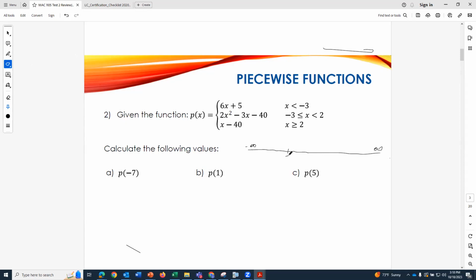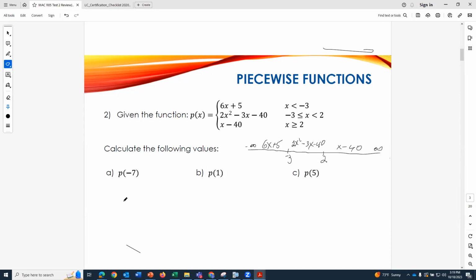We have -3 and we have a 2 here. And for this one, from negative infinity to -3, you have 6x plus 5. And on that one, we have 2x squared minus 3x minus 40. And for this one, we have x minus 40.